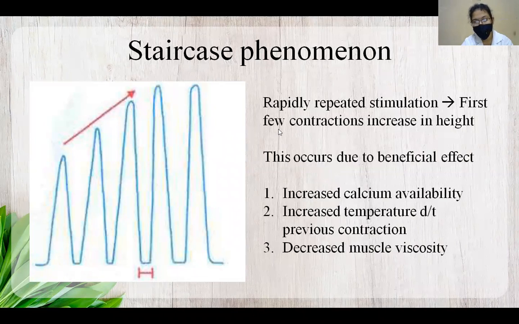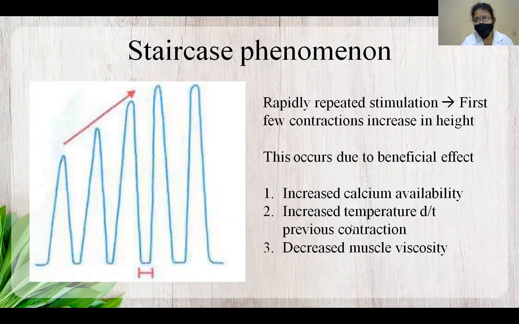Why does this occur? It occurs because of the beneficial effect. Now, what is the beneficial effect? It is because of increased calcium availability because of the prior contraction. Before all the calcium ions are pumped back into the sarcoplasmic reticulum, the second action potential arrives, because of which we have extra calcium ions which contribute to a bigger contraction.